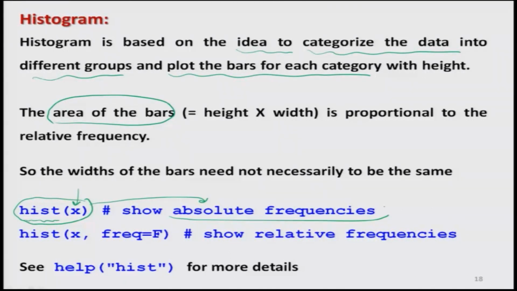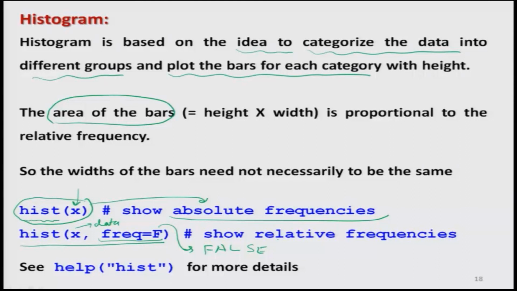Suppose you want to create the histogram with respect to the relative frequencies, then you have to write like this: command hist, inside the argument write the data, and then write frequency is equal to false. Here, F is the logical value, which is false.